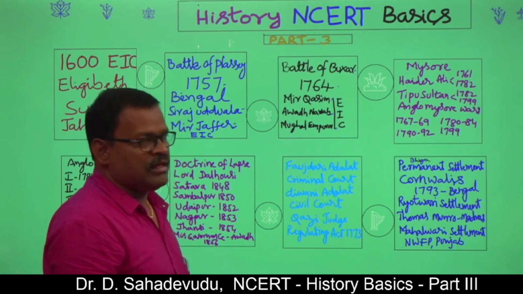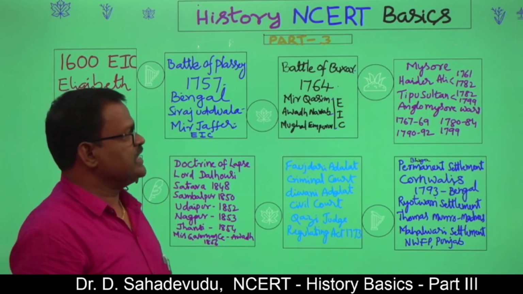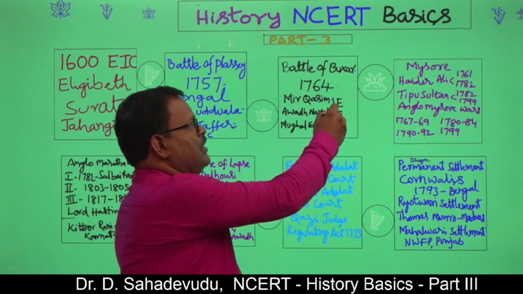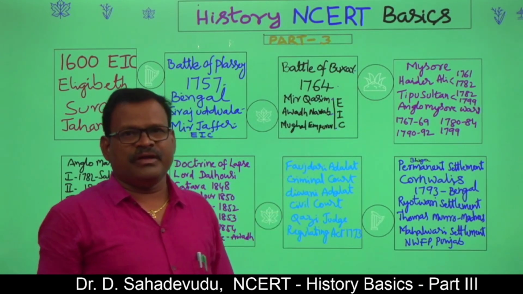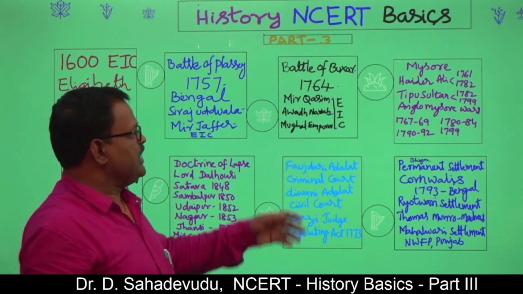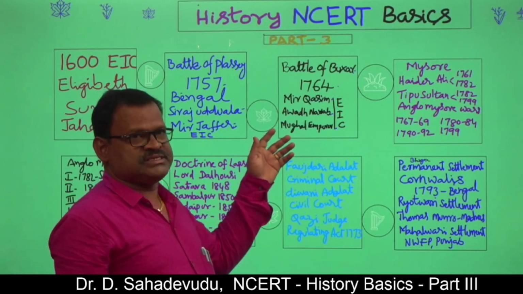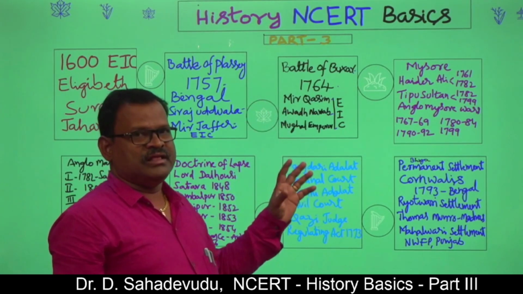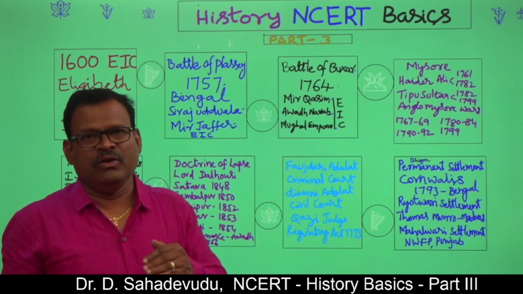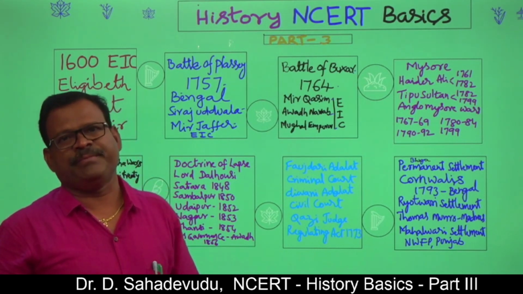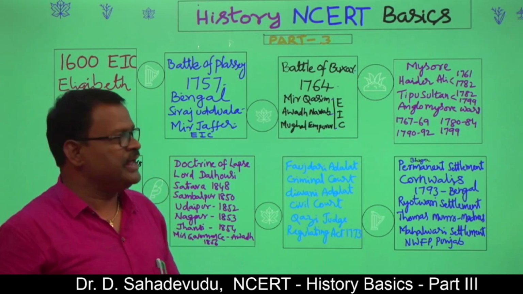These three allies fought against the East India Company. Under the leadership of Hector Munro, the company defeated the three allied forces at the Battle of Buxar. This is the decisive battle that sustained the British Empire in modern India.